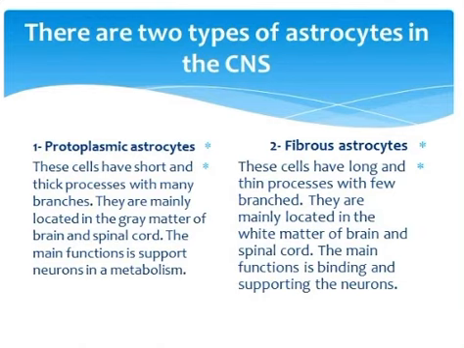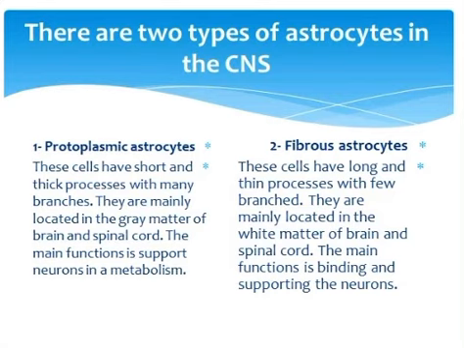The protoplasmic astrocyte has many properties that differ from the fibrous astrocyte. These cells have short and thick processes with many branches. They are mainly located in the gray matter of the brain and spinal cord. The main function is supporting neurons in metabolism.